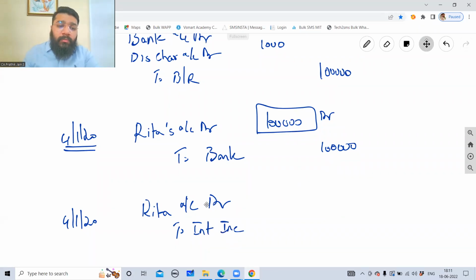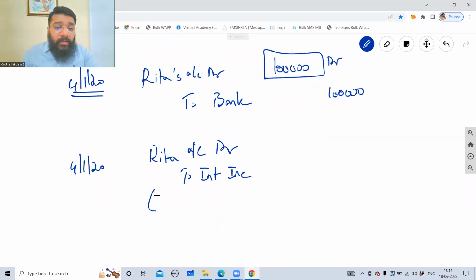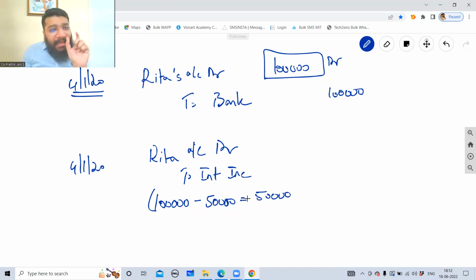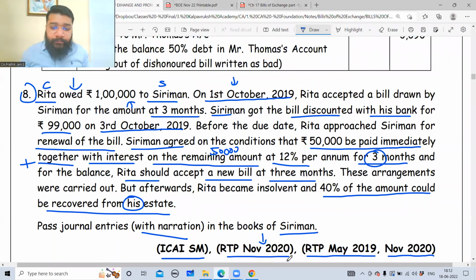How much interest do we have to receive? 1 lakh is the total amount. In that, the question very clearly says that 50,000 rupees is paid in cash on the spot. For the balance 50,000 rupees only, you are executing a new bill. So for the balance 50,000 only, you are giving a further credit of 3 months.